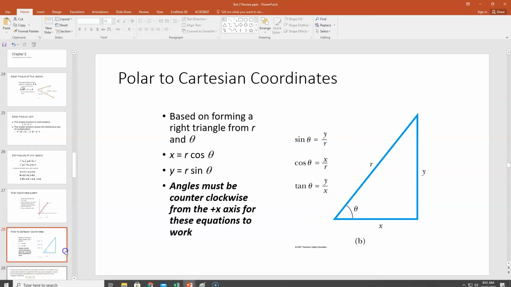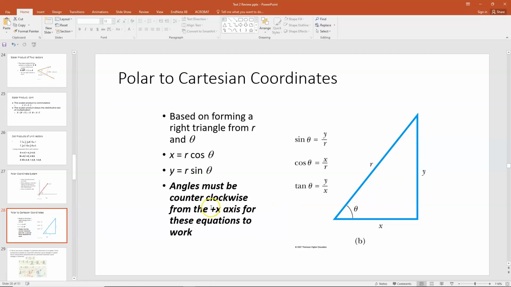You can easily convert between polar and Cartesian coordinates using the equations shown here. x is equal to r cosine theta, y is equal to r sine theta, and then you can convert back and forth from that. It's just because the x and the y components form the legs of a right triangle where r is the hypotenuse. But in order to use x equals r cosine theta, remember that the angle has to be swinging counterclockwise from the plus x-axis for that to work.